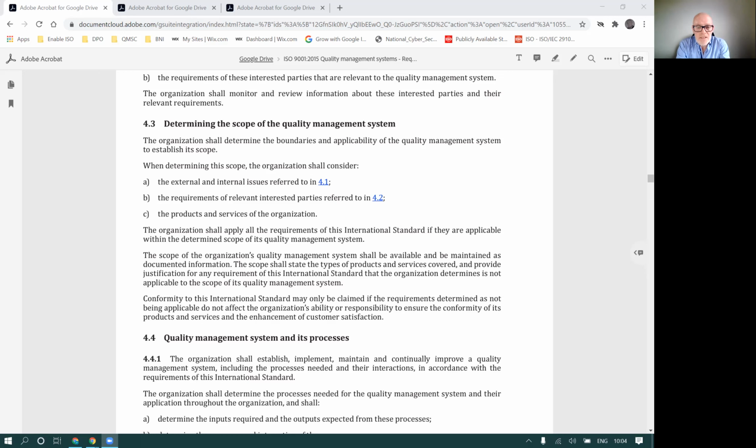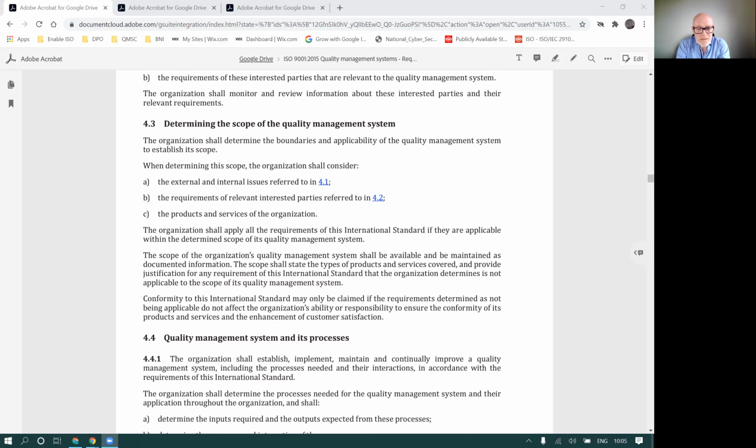The scope of the organization's quality management system shall be available and maintained as documented information. So, this is important. The scope shall state the types of products and services offered and provide justification for any requirement of this international standard that the organization determines is not applicable to the scope of the quality management system.